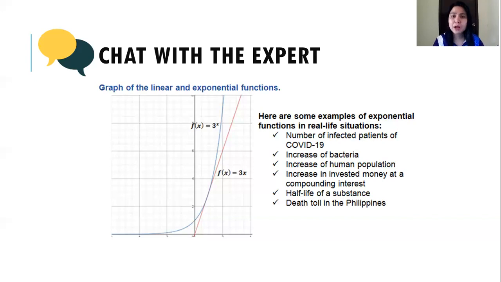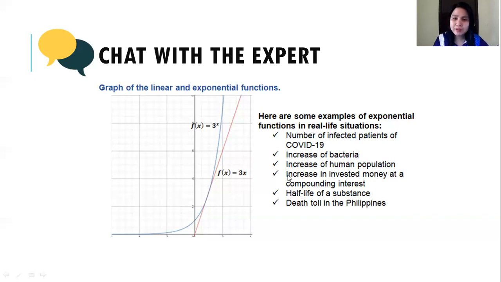Or another, population. Population is exponential in nature. Increase of bacteria. Remember, you don't have your biology class this time, but in your junior high school biology, you talked about meiosis and mitosis. Like one cell would break, and then another would break, and another would break. So that's the concept of exponential functions.